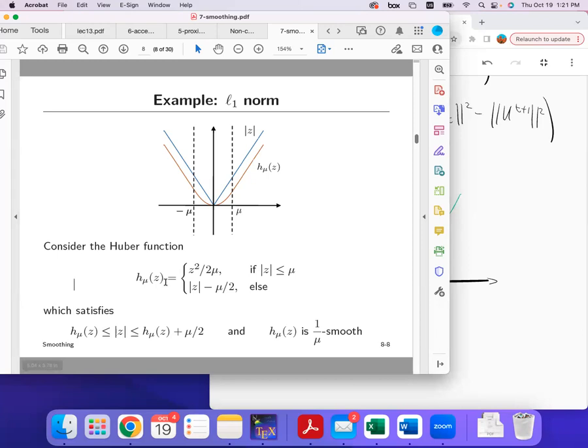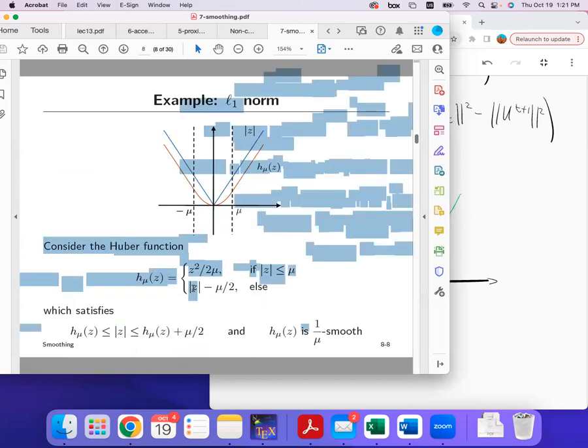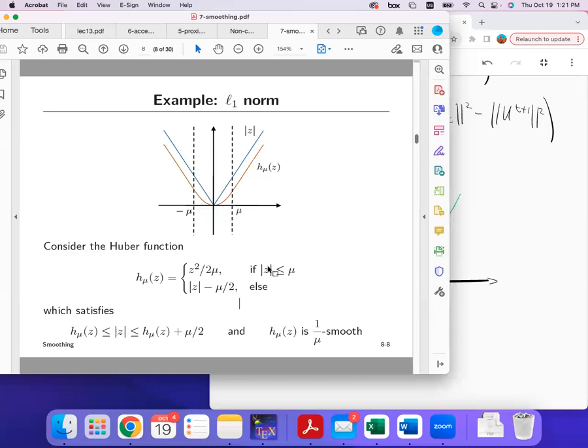Now for this function, because we have the analytical form, it is easy to show that it satisfies this inequality. The absolute value function is lower bounded by h mu z. In this figure, clearly the blue curve is above the red curve. And actually, it is also upper bounded by h mu z plus mu over 2.